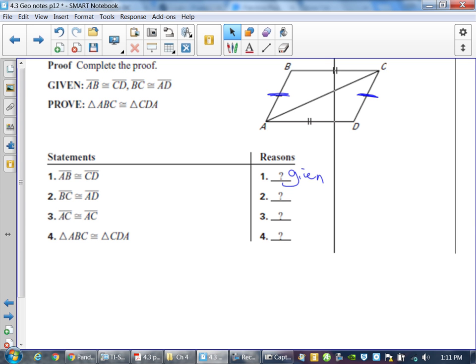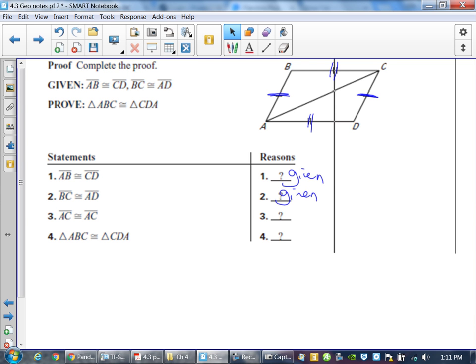Always mark your diagram before you write down a reason. You've used that first given. Secondly, BC and AD. I marked my diagram, so now what am I going to write here? Given.